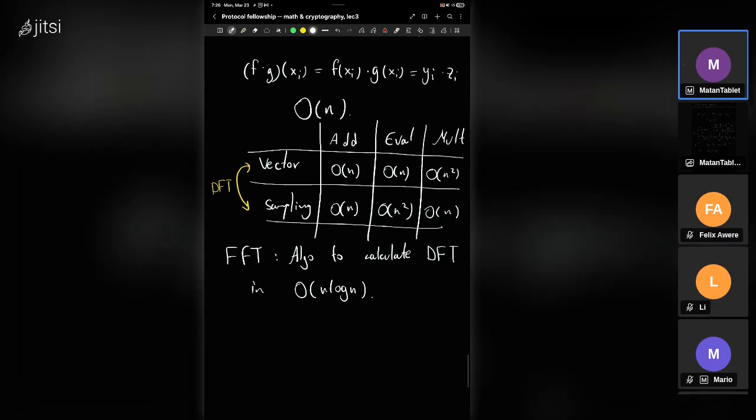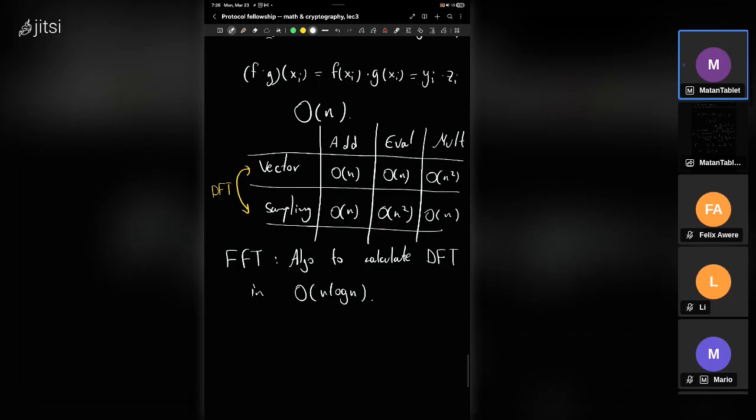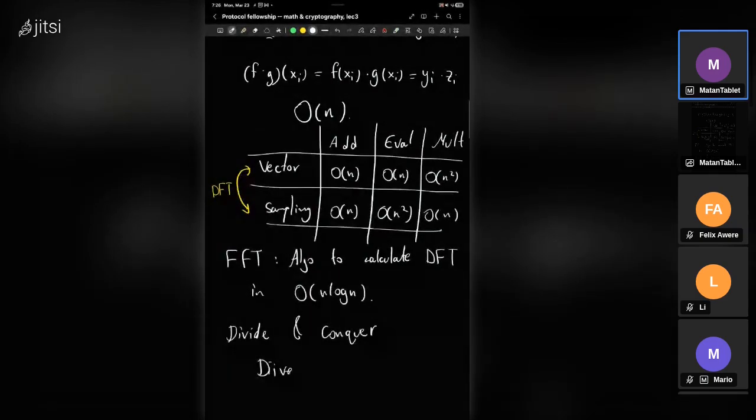Okay. So how do I? FFT is an algorithm. It is an algorithm that is called divide and conquer. And divide and conquer algorithms have three stages: divide, conquer, and combine.